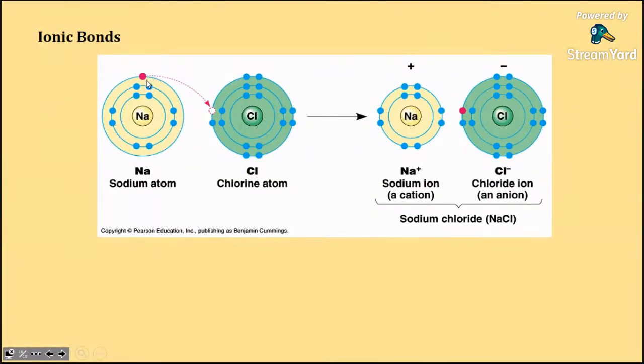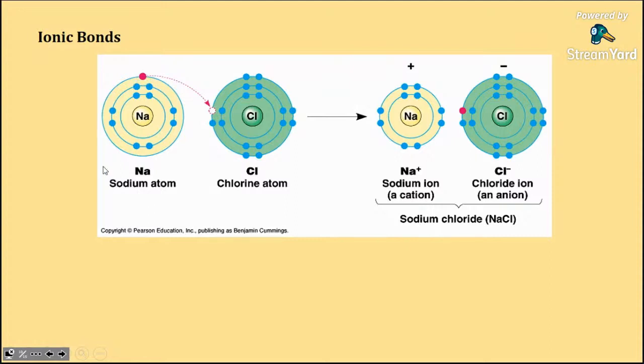So notice this red dot, that red electron, that's the 3s1 electron that sodium was wanting to get rid of. When I look at chlorine, there's that void. If I look at its configuration, 1s2, 2s2, 2p6, 3s2, 3p5, it needs one more.